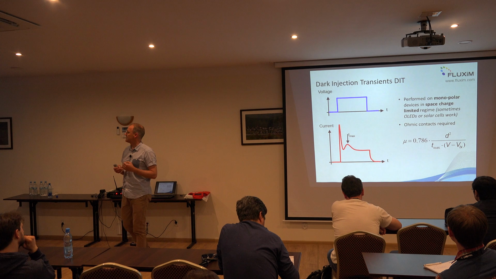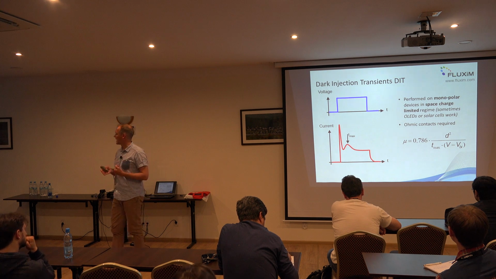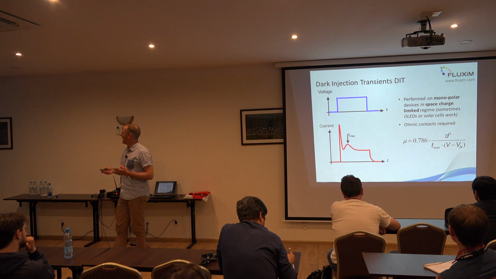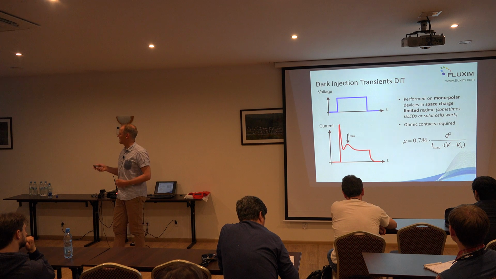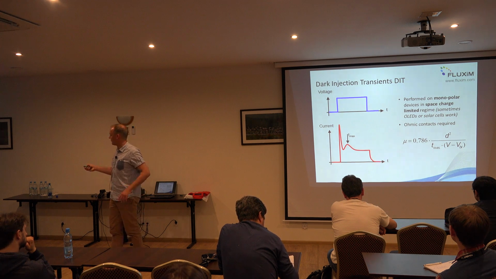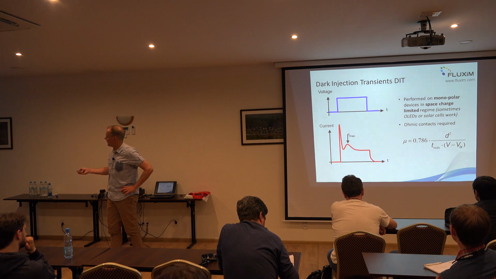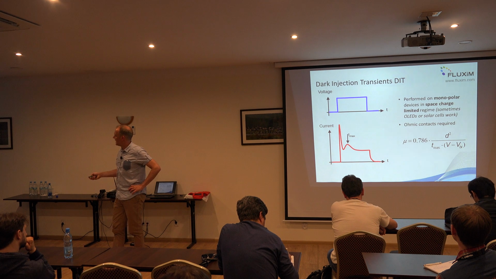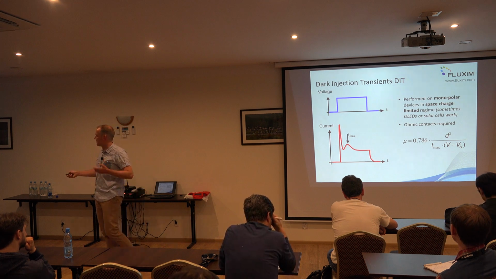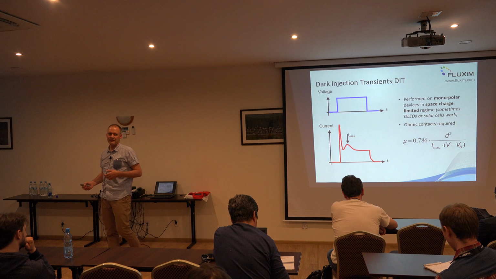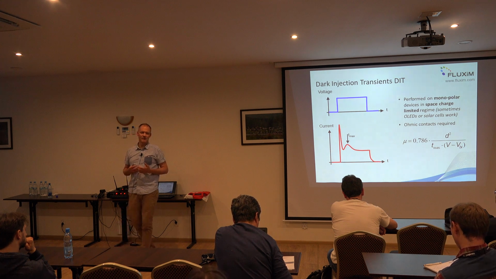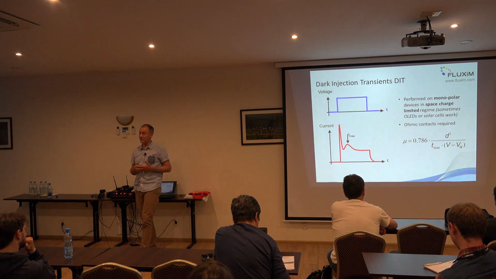So we need a device that has ideally just one type of carrier and a well-known thickness across which current flows. We apply a voltage step, and we look how long it takes until the local peak appears here. And here, interestingly, there is a first initial peak that is more an artifact than a sign of charge transport.